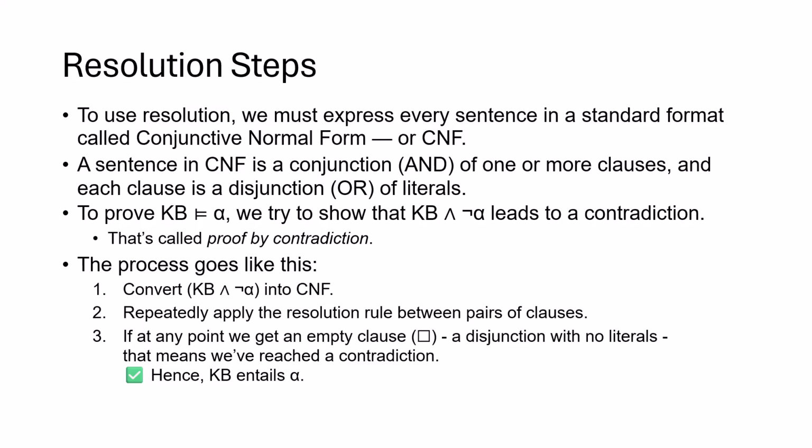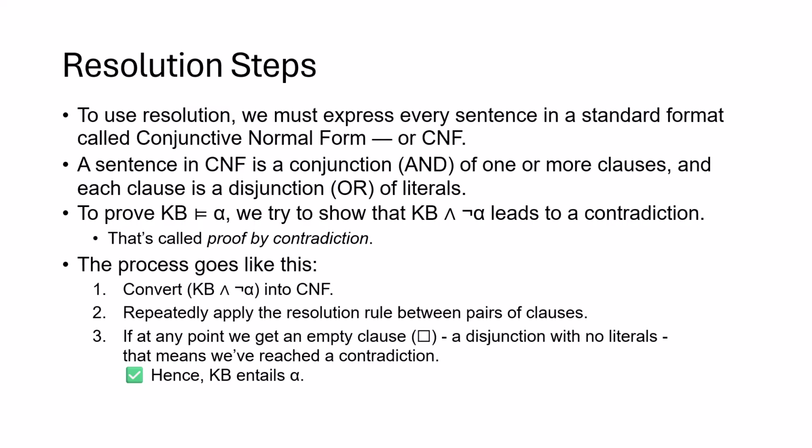This single rule forms the basis of modern logic-based AI systems, from theorem provers to SAT, which uses a format like CNF, or conjunctive normal form. So SAT solvers to constraint solvers used in scheduling, verification, even reasoning in knowledge graphs.